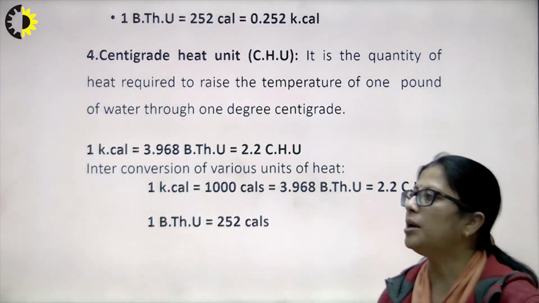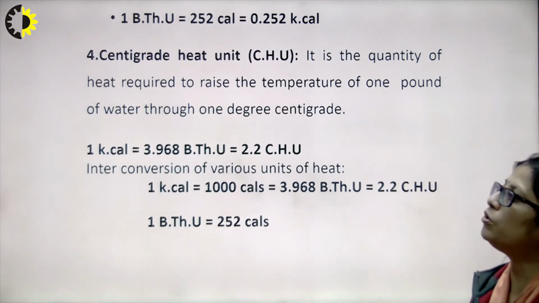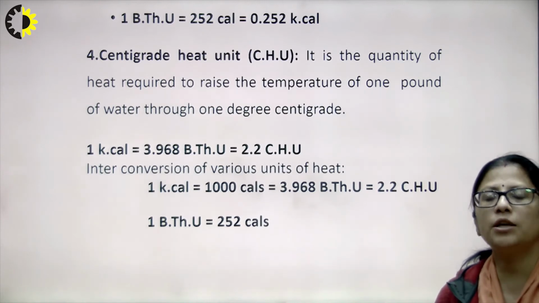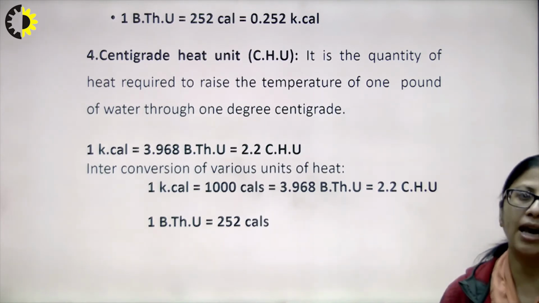This 1 British thermal unit is equal to 252 calories, or 0.252 kilocalories.